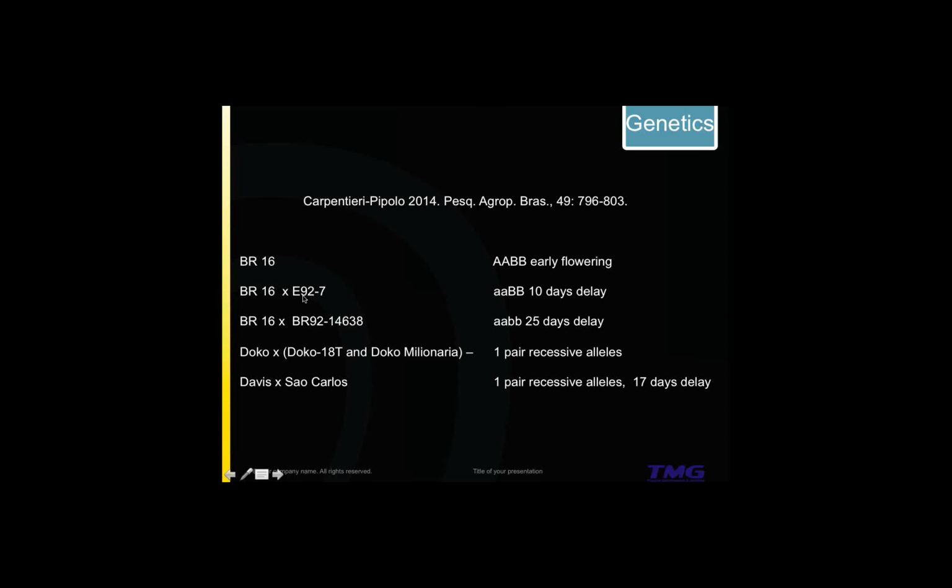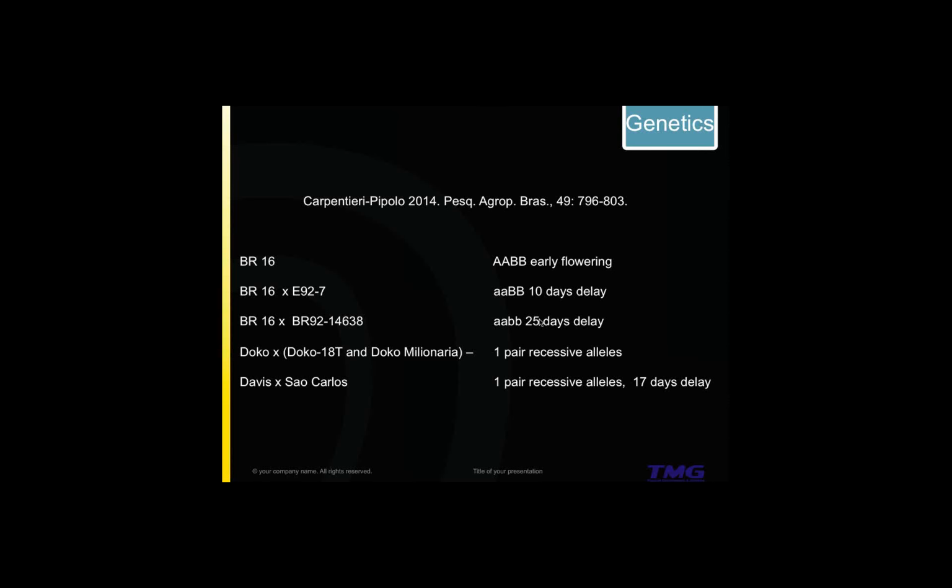But what is clear is that if you cross BR16 with the E92 line, you will pull out materials that have a 10-day delay. If you cross with this other line, a good source with a second locus, probably with a larger delay. So you have 2 or 3 major loci there, and probably other small loci that, when you recombine them, can give a pretty decent juvenile trait.